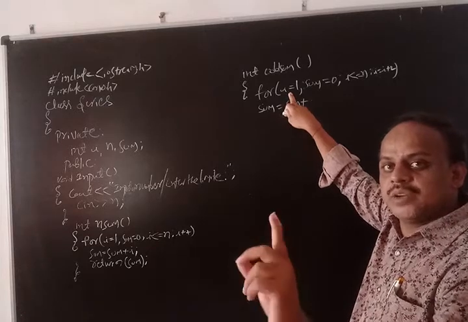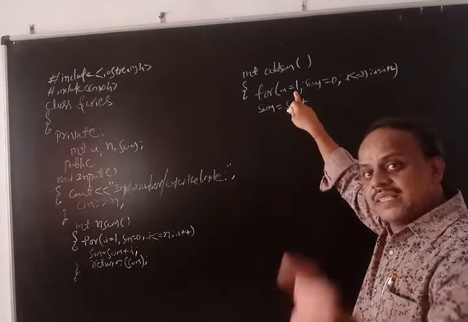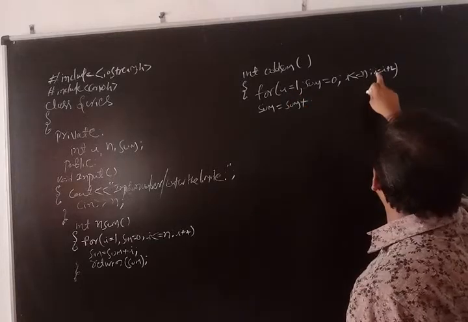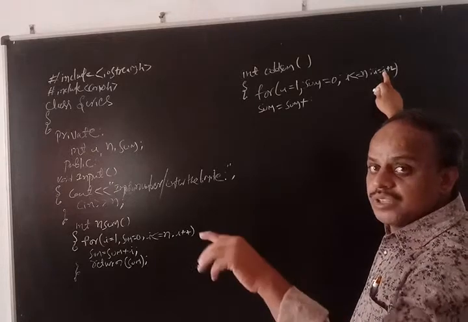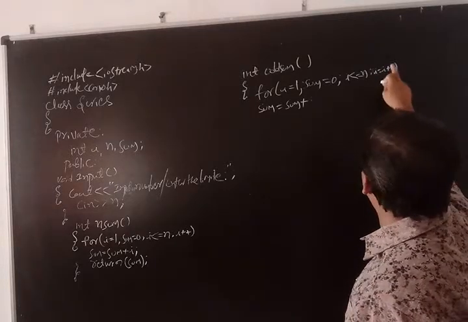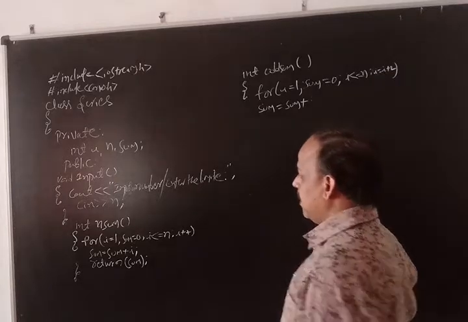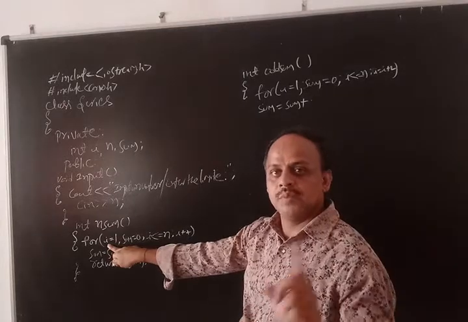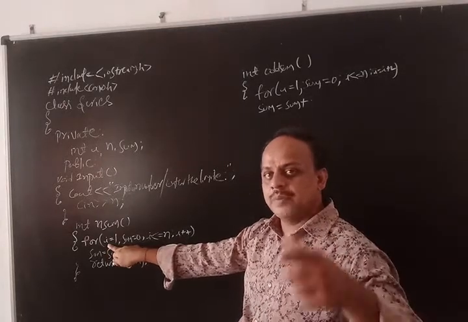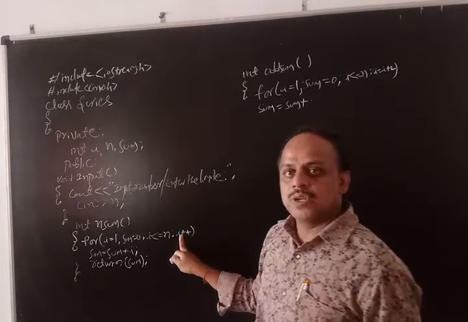So initially i is 1. Next i value must be 1 plus 3, therefore i is equal to i plus 2. I plus 2 means i is 1, 1 plus 2 is 3, therefore I have considered i plus 2 here, right? For the natural number series, 1 plus 2 plus 3 so on, there is only one increment, therefore i plus plus in the natural number series.